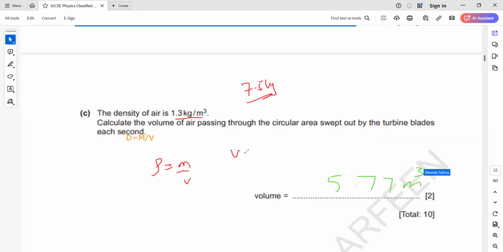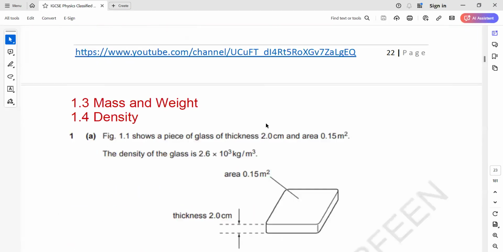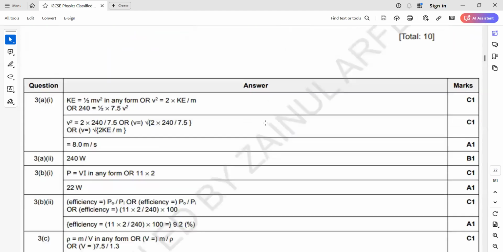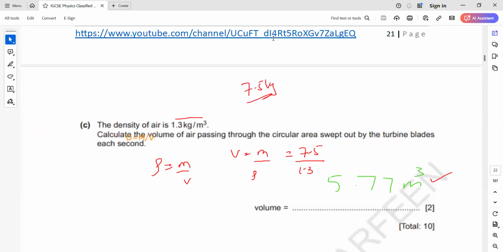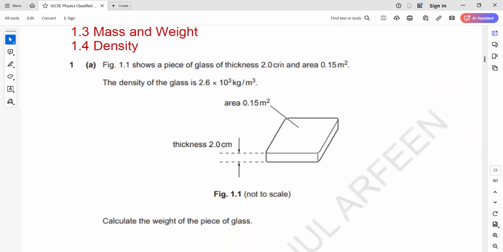If we need the volume, it will be mass divided by density. So mass is 7.5 and the density is 1.3. So it will be 5.33 and the unit will be meter cube. It was 5.8, I guess. 5.77, not 5.33. So it was rounded off.